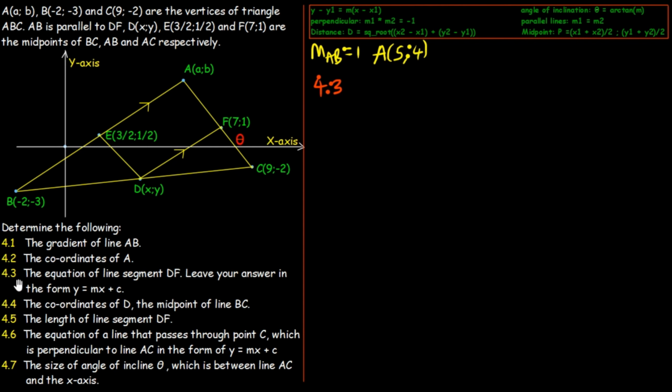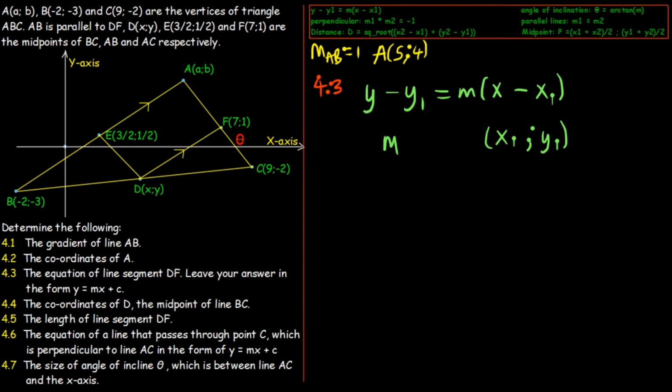On question 4.3, we need to determine the equation of the line segment DF. Leave your answer in the form y equals mx plus c. DF is parallel to AB, which means they have the same gradient, as indicated by this information as well. To calculate the equation of DF, we use this formula, and we just need the gradient and a single point along the line DF.